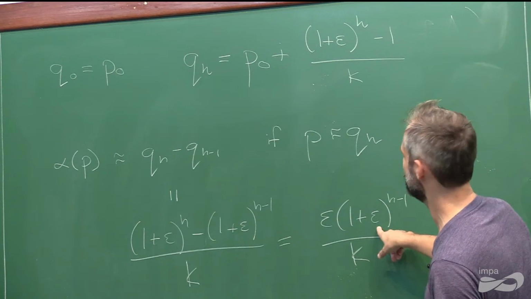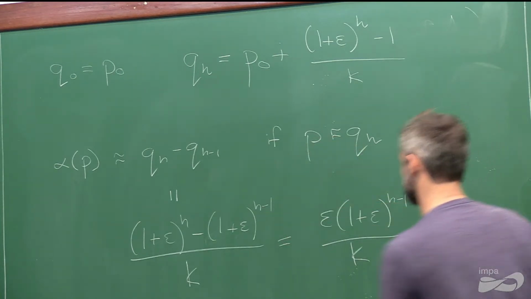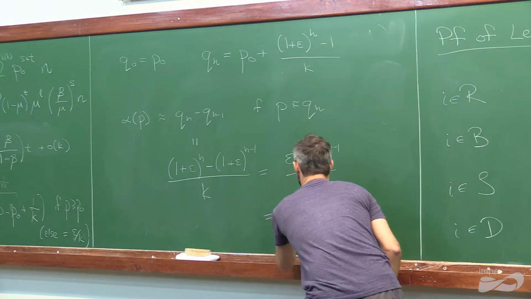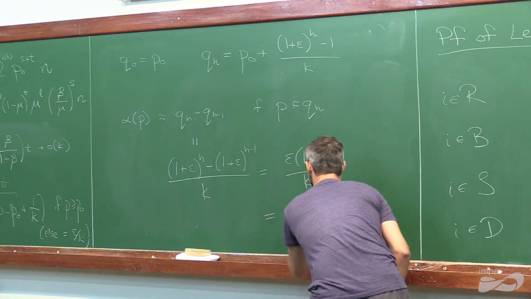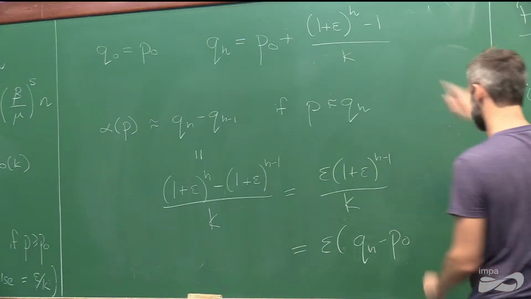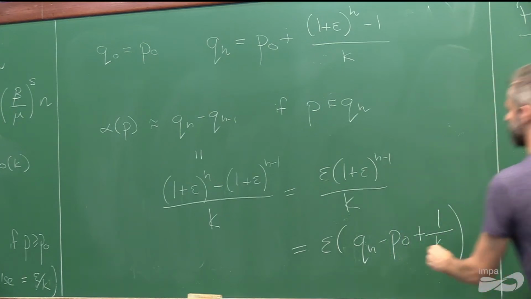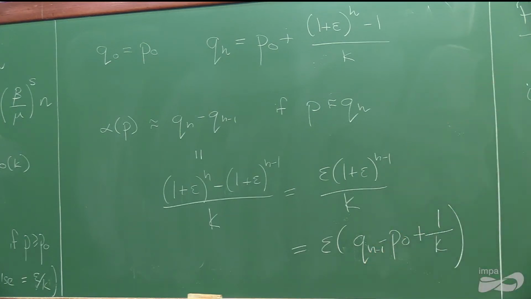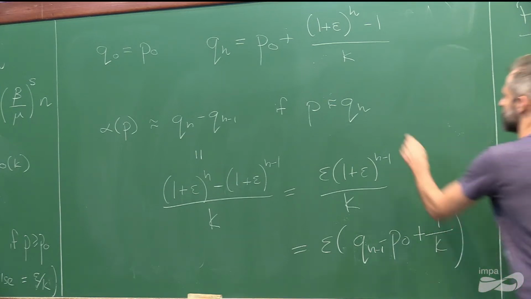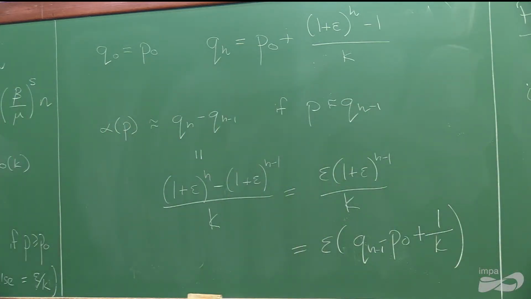This is basically epsilon times QH minus P0 plus 1 over K, except not that, H minus 1. Is that right? So H minus 1. Okay.